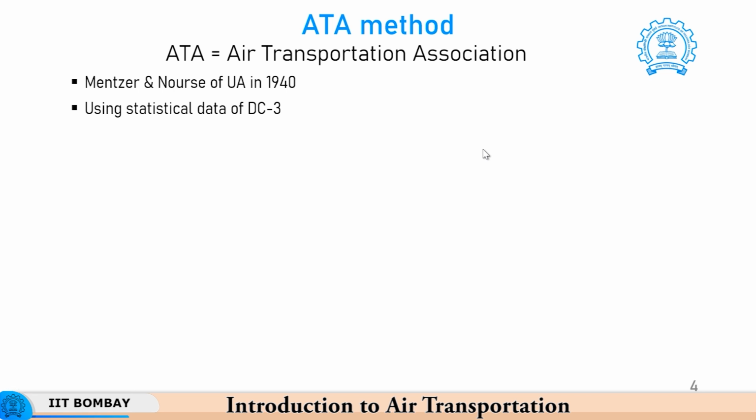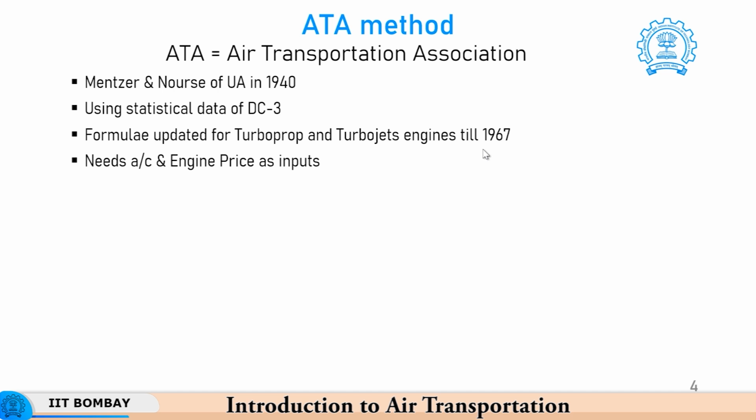To be very specific, at that time the most popular aircraft being operated by airlines was the DC-3, and based on the statistical data of DC-3, the formulae for the ATA model were derived, and these formulae were updated in 1967 to include turboprop and turbojet engines. Before that they were only meant for piston prop engines. So, that is why we say that the ATA model proposed in 1944 was further upgraded in 1967.